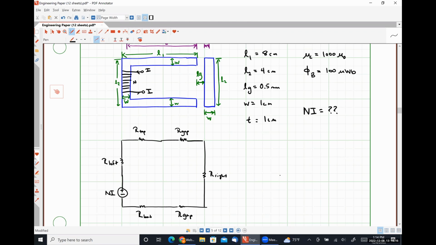What we're going to talk about next Tuesday will include the possibility that we have what are called core losses. Core losses involve the fact that we are passing current through this coil. We're causing flux to flow through the coil. That flux is going to induce currents in the material, which are going to cause the core material to heat up.